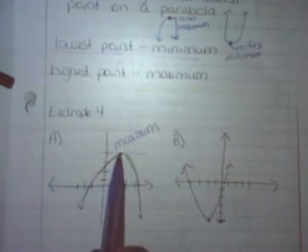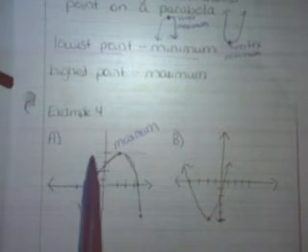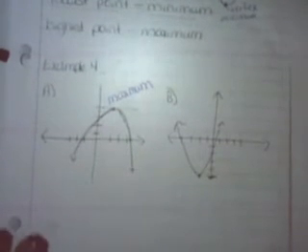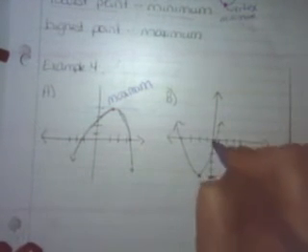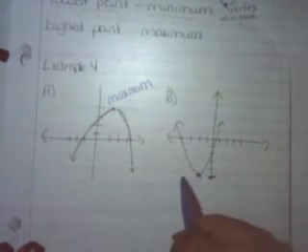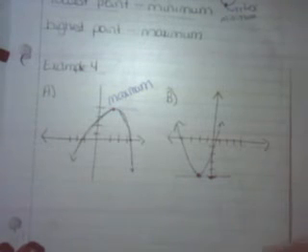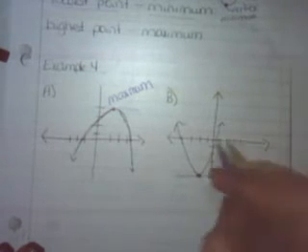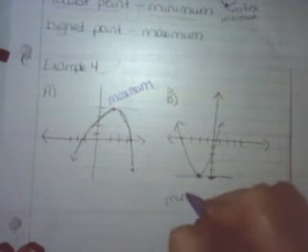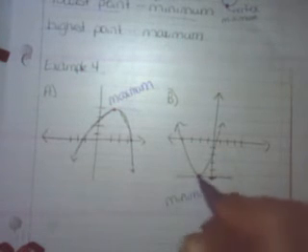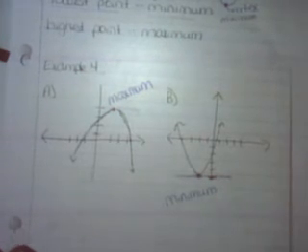That means this parabola is never going to go above this point right here. And then here I have a parabola that opens upwards. Here's your lowest point. There's your lowest point on this parabola, so that is your minimum. Okay, it's never going to go below this. That's the smallest it's going to get.